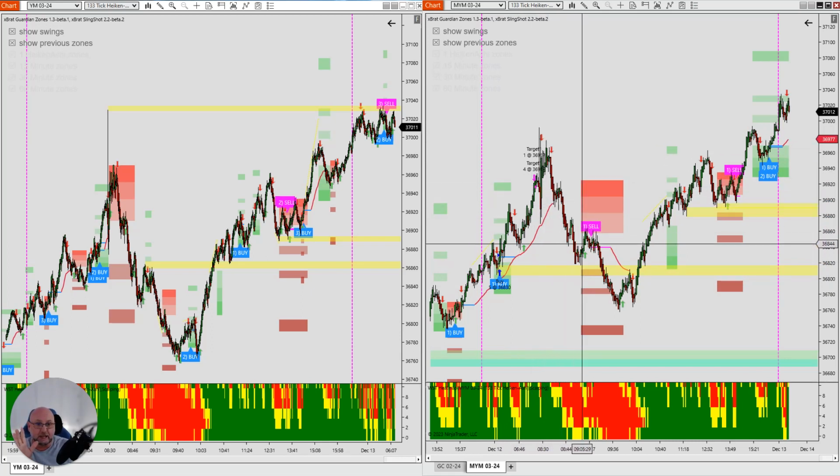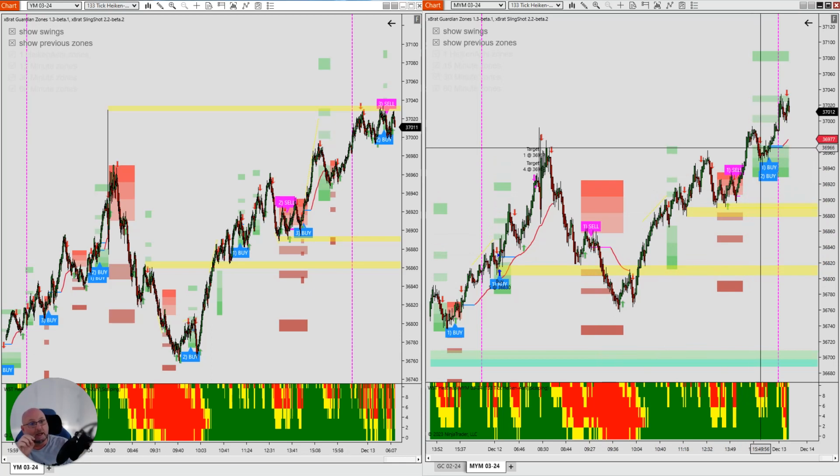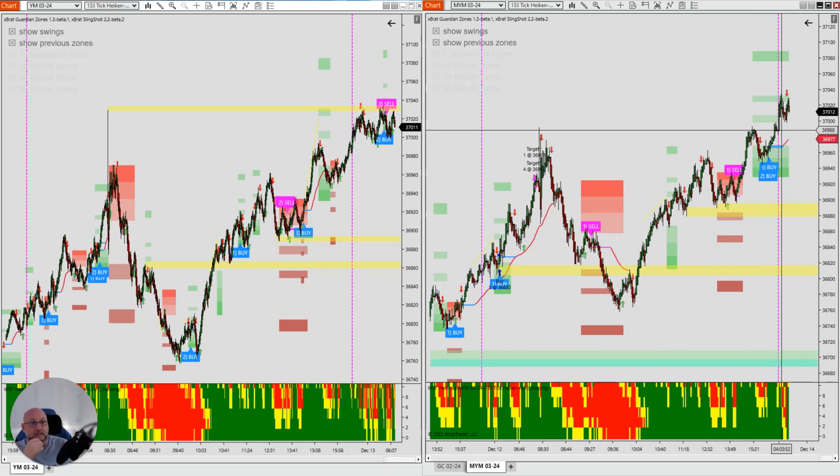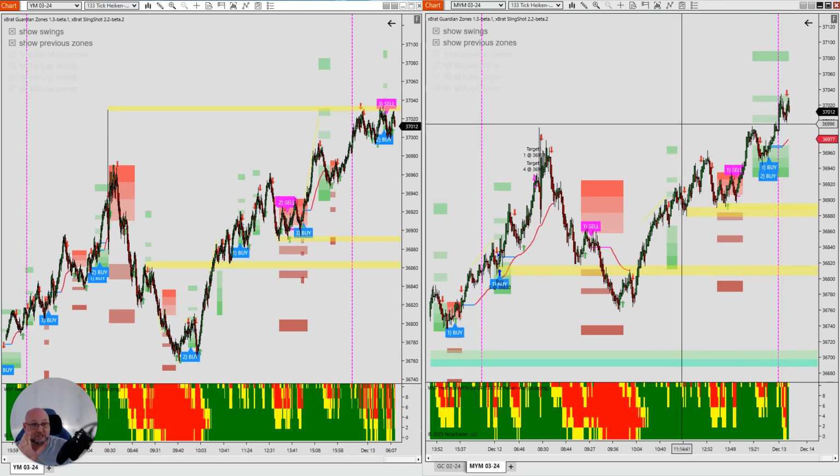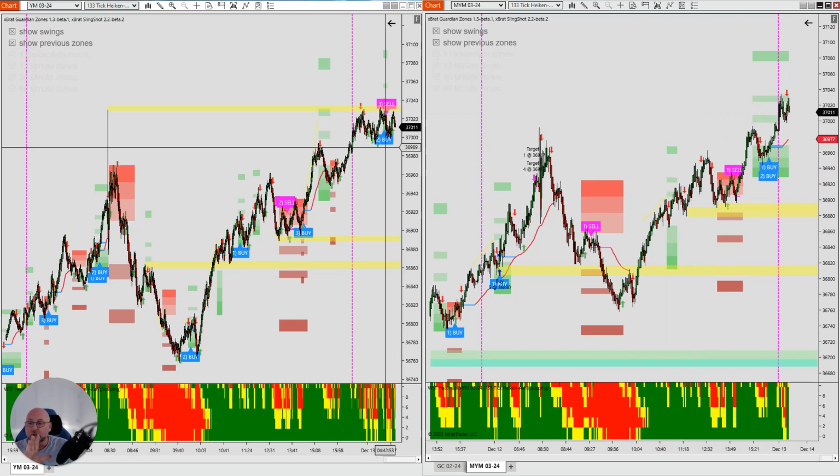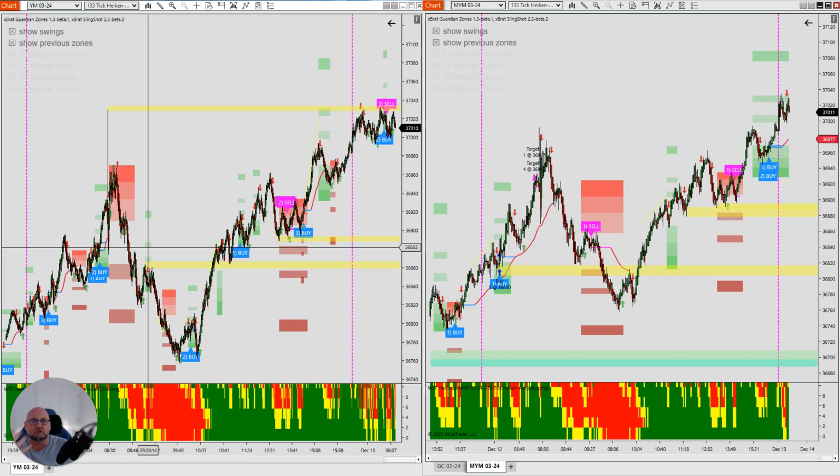Then on the return leg, we got a pullback against the short, we got a type 1 sell, and we got a nice move up. And then just recently, today, we've got this type 1 buy, type 2 buy here, and we've hit the second target zone on this right hand chart. So that's MYM. On the left, YM is a lot more scrappy. Okay, we're not in the groove.